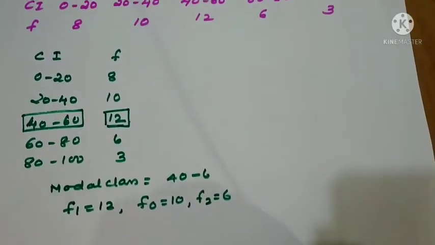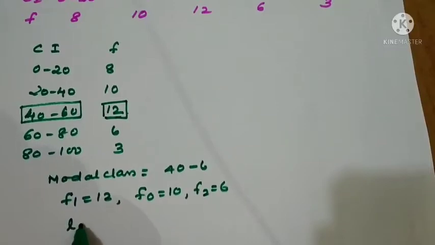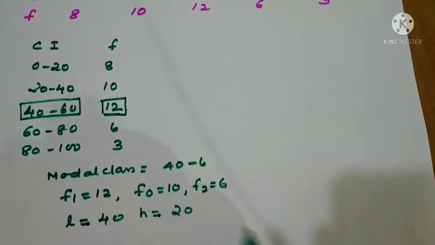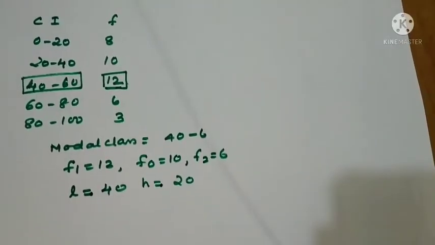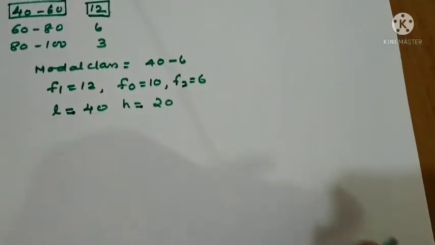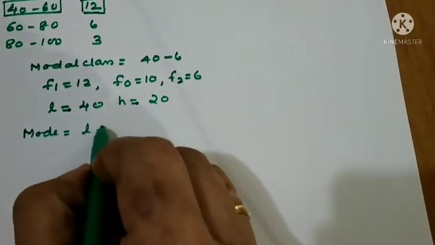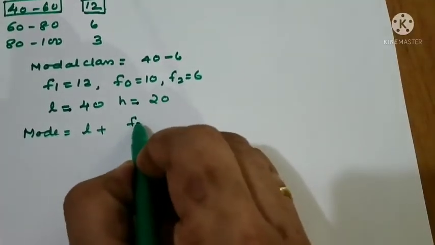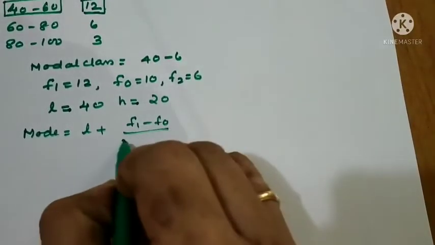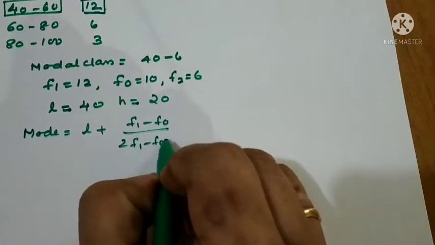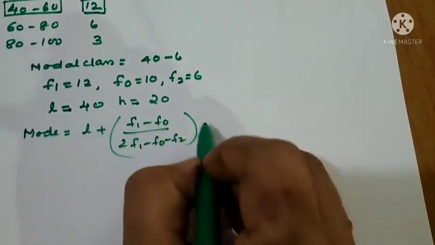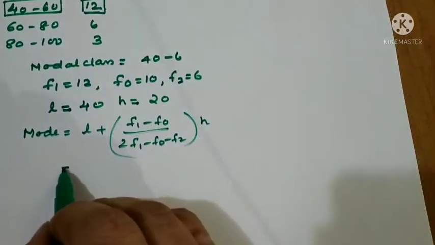Now what else we required by formula? L equal to 40, H equal to 20. Now we can write the formula for the mode. So mode equal to L plus F1 minus F0 by 2 F1 minus F0 minus F2 into H. So what is L here?